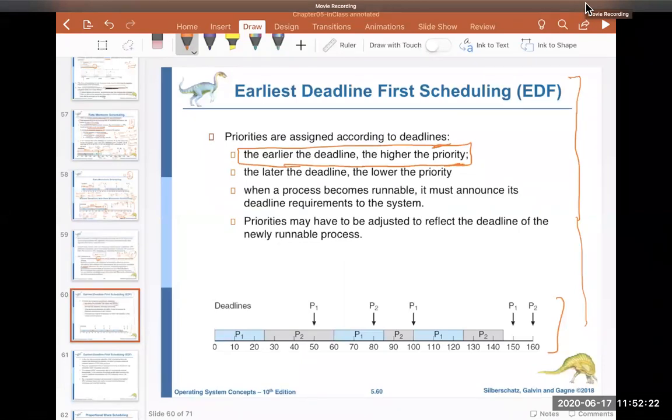So in the same case we discussed earlier, P1 is allocated, then P2 is to be allocated.